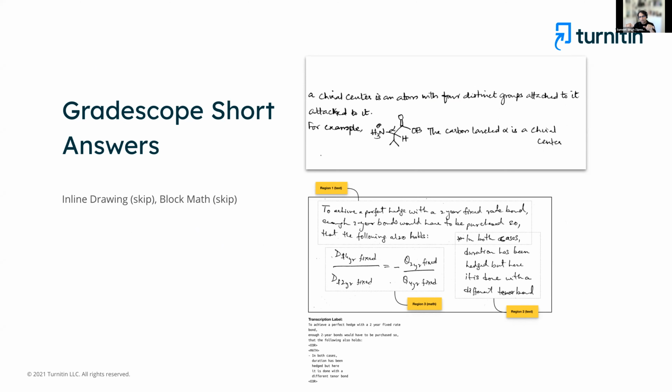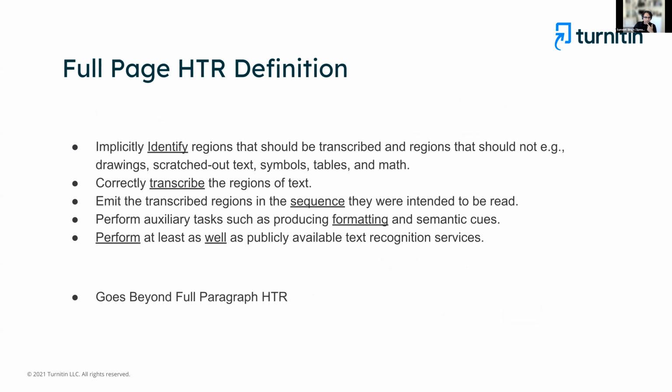If there are two columns, it'll take the first line of the left column and then the first line of the right column, join the two together, and then go on to the next one. That totally merges the two columns, and that's not what we want. So that's why it goes beyond just full paragraph handwritten text recognition.